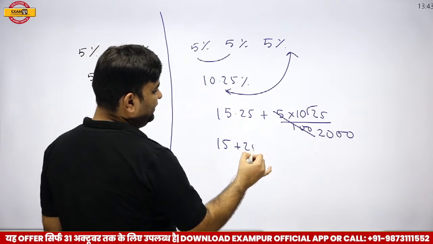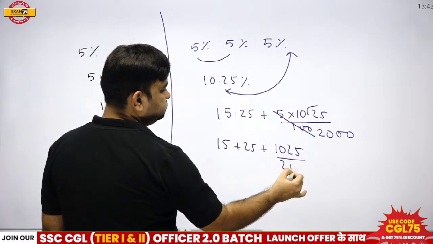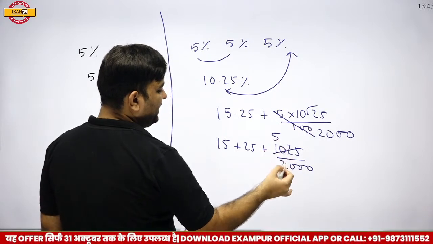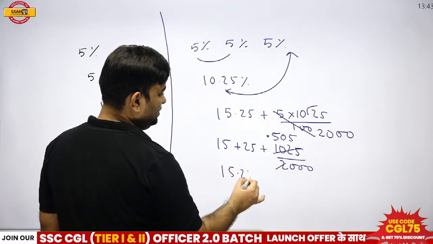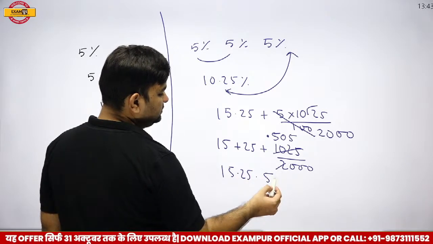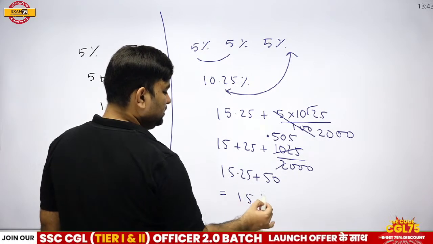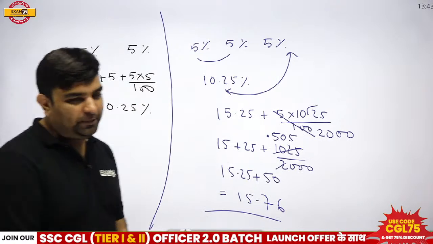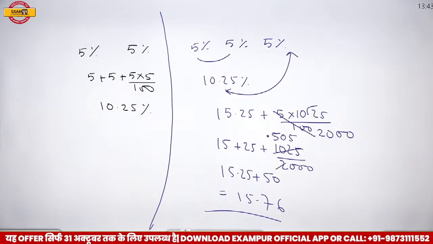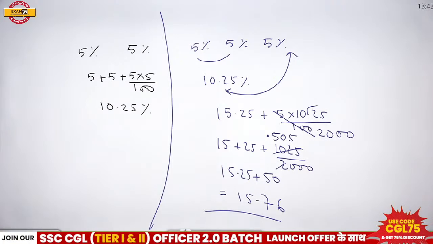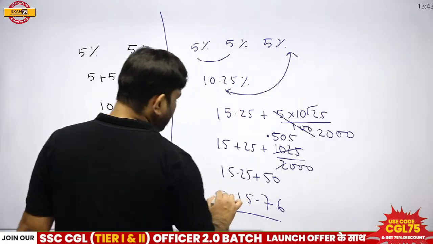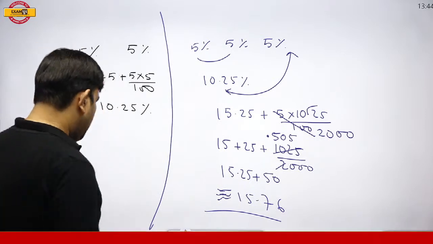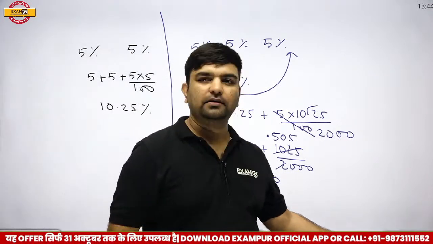So 10.25 divided by 20 gives about 0.5125, so it is 15.76%. So some standard results we always remember. So it is 15.76 approximately.